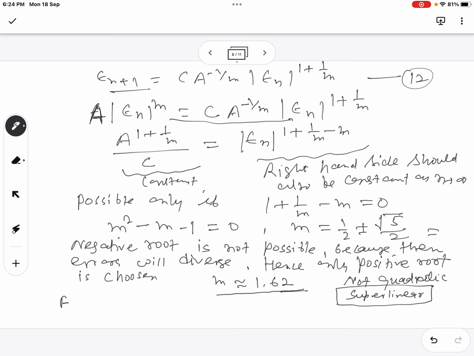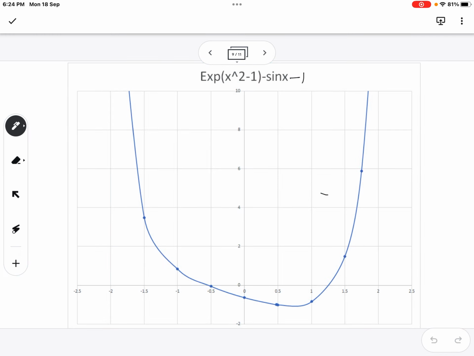Now how this method works, let us understand with an example, and that example is exponential x square minus 1 minus sin x minus 1 is equal to 0. This plot has been plotted here, and we can see that here we have a root and another root lies over here.